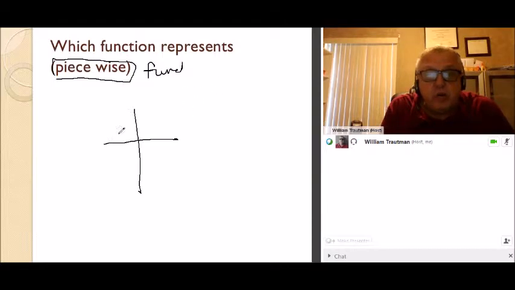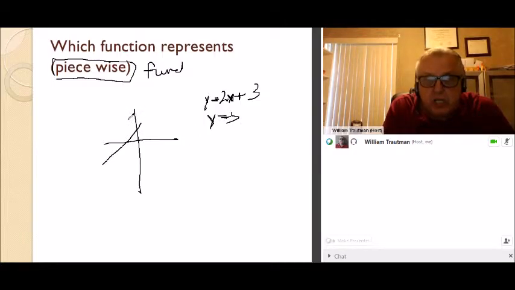It might start off with a function being y equals 2x plus 3 for a certain period of time. So 2x plus 3 might look like this. And then it might have y equals 5. Y equals 5 is a straight line that goes through 5. And then it might have another function that goes like this.